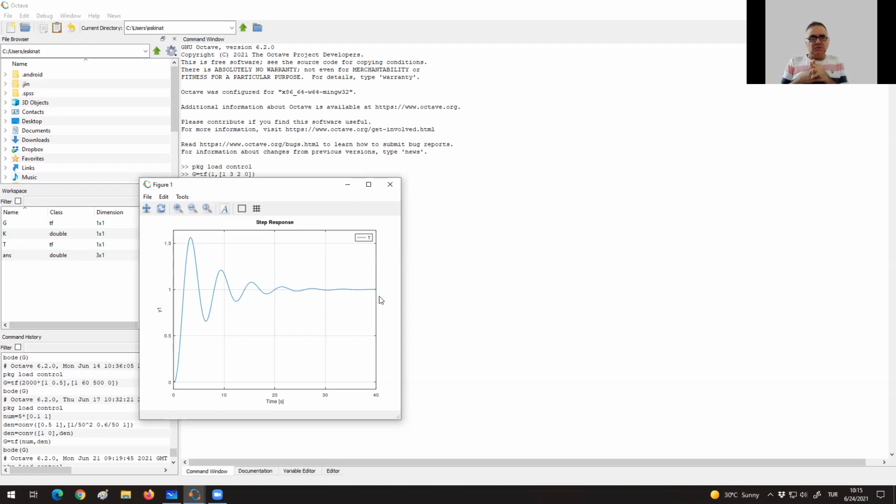Probably you need to introduce some sort of a PD control here, derivative action here. This kind of control is not too good.